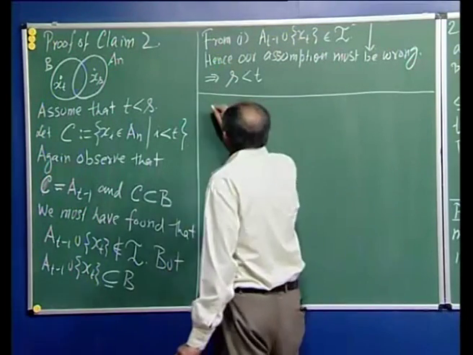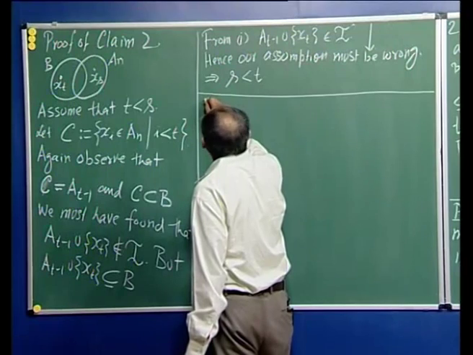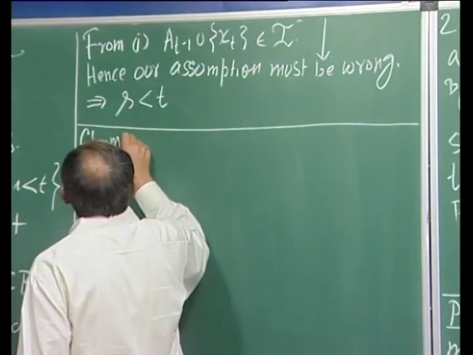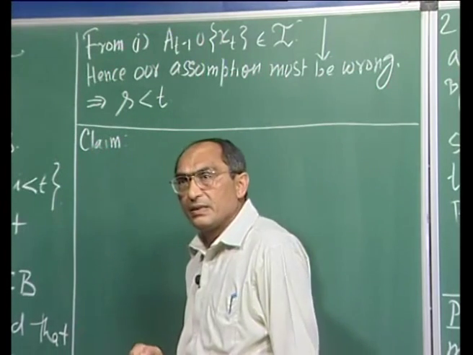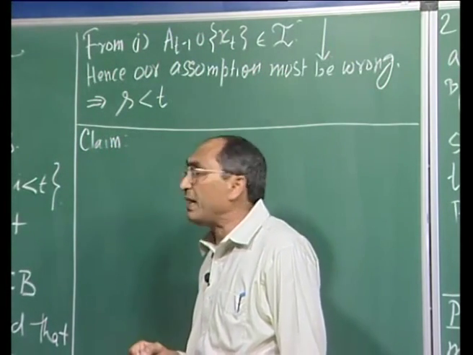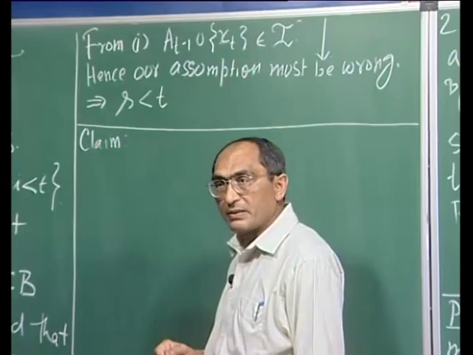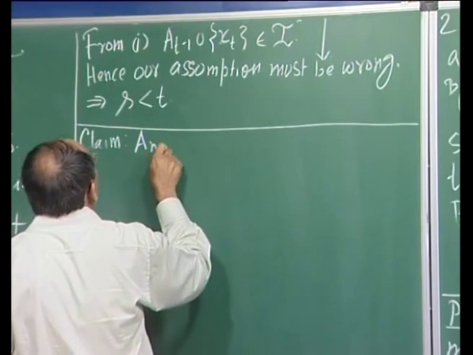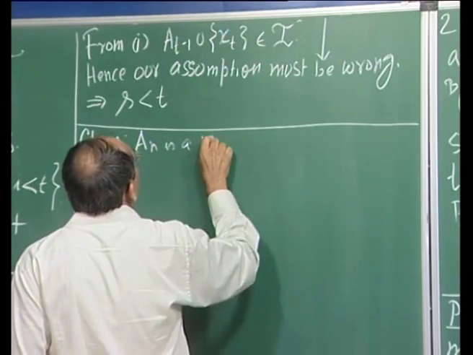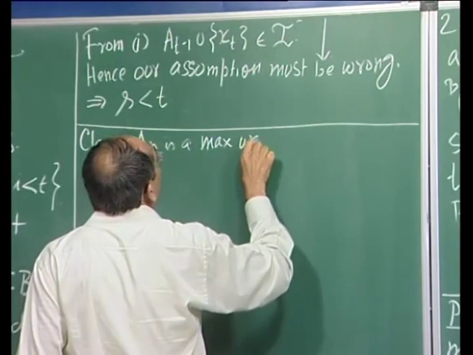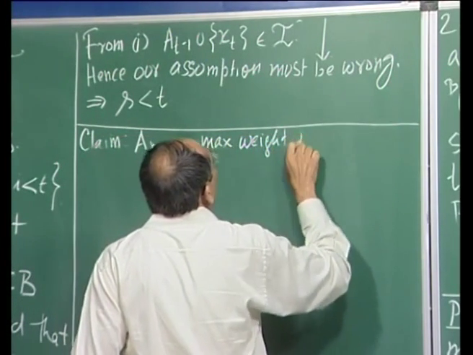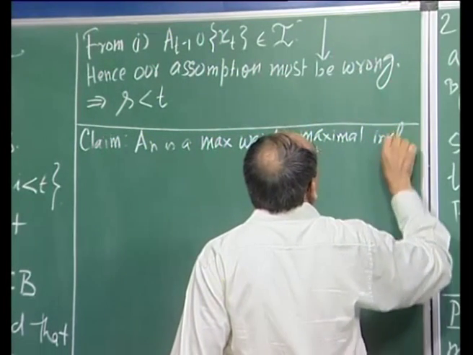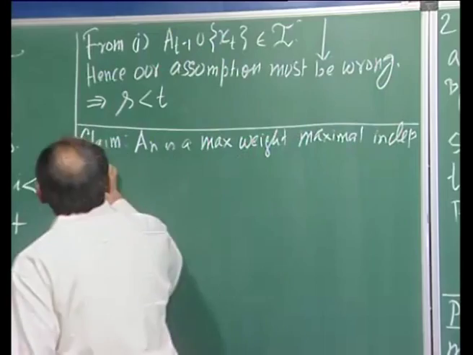Now, finally, we will prove the last claim, we will establish that A n is indeed a maximum weight maximal independent set.